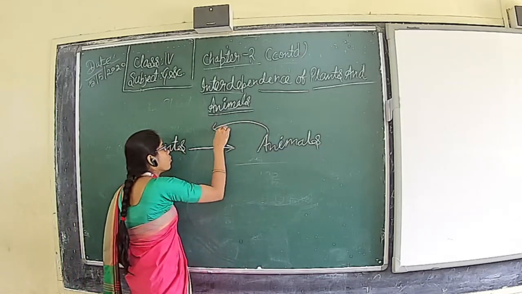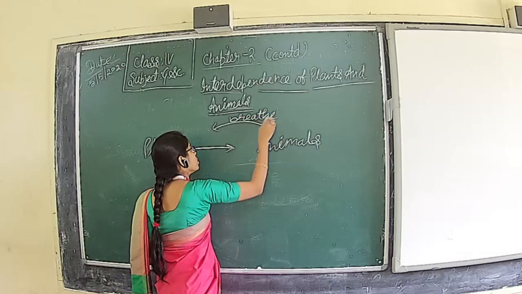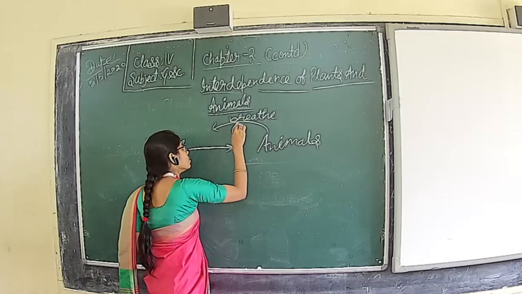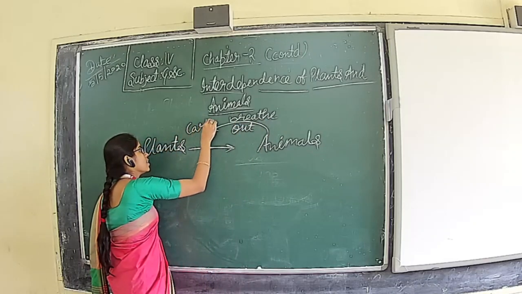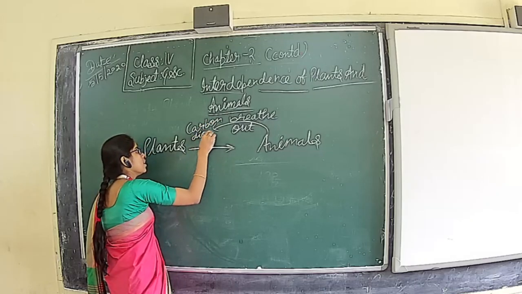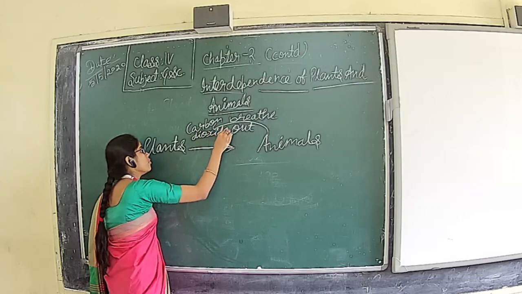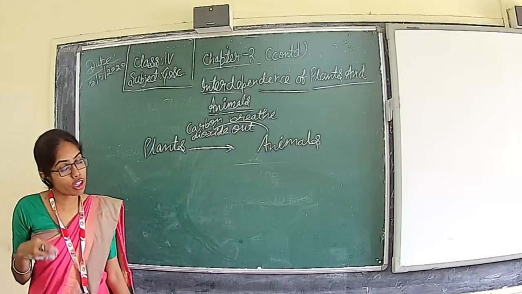What do the animals do? They breathe out carbon dioxide, which is used by the plants during the process of photosynthesis.